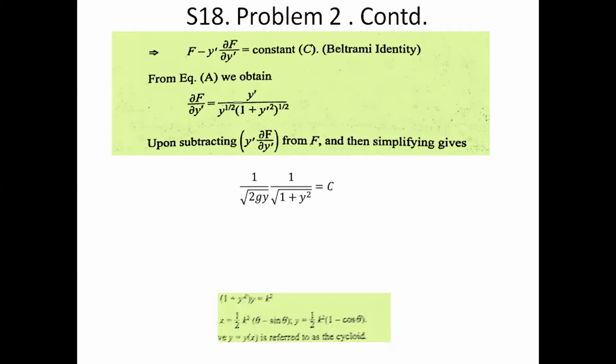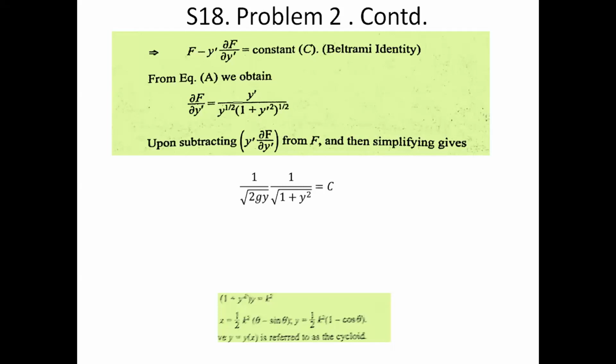Then I get 1 by square root of 2gy multiplied by 1 by square root of 1 plus, I'm sorry, there is a mistake, 1 plus y' square, equal to a constant.